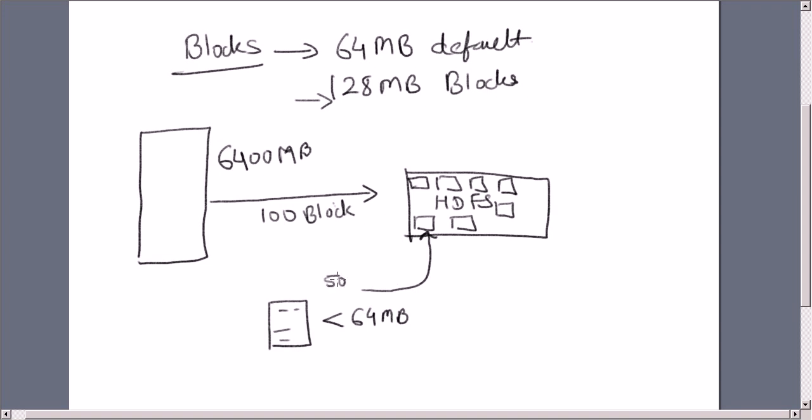Suppose your file is 50 MB and you want to store it, will it occupy the whole 64 MB? Answer is no, because HDFS is optimized for this purpose, and it will make the block only 50 MB in such a case. So even for a file smaller than 64 MB, it creates a block of the smaller size and stores it into HDFS.